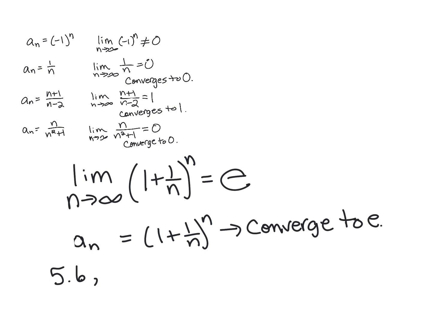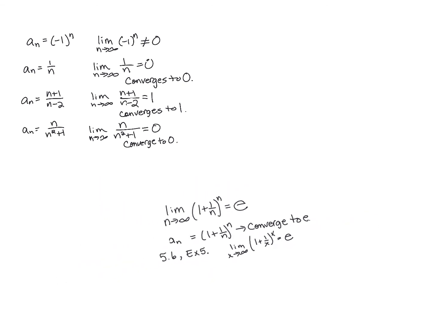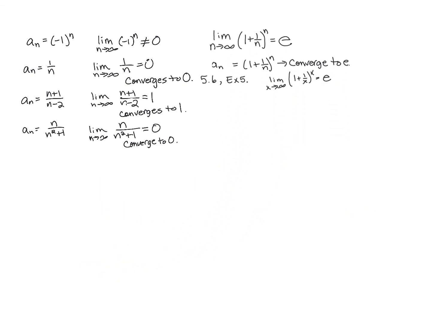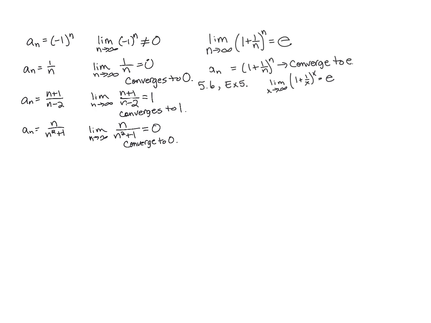If you want to see the proof of this, look in section 5.6, example 5, where they talk about it as the limit as x goes to infinity of (1 plus 1 over x) to the x power equals e. Cool stuff. Check it out. Okay, I'm going to keep this on the screen.